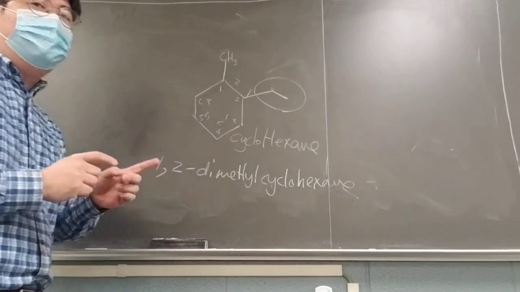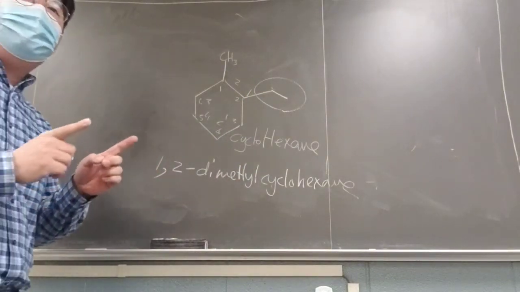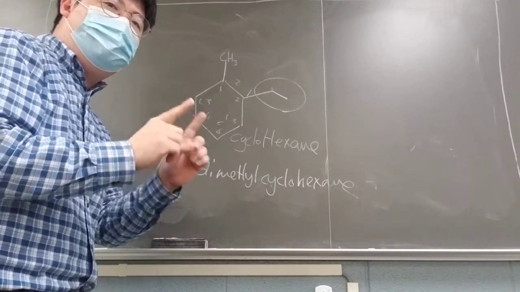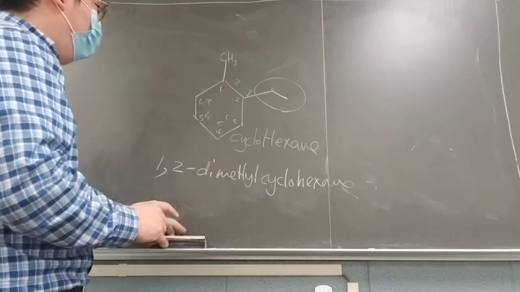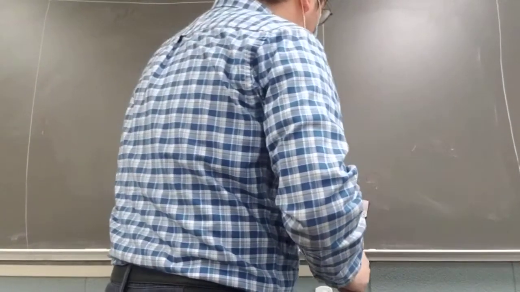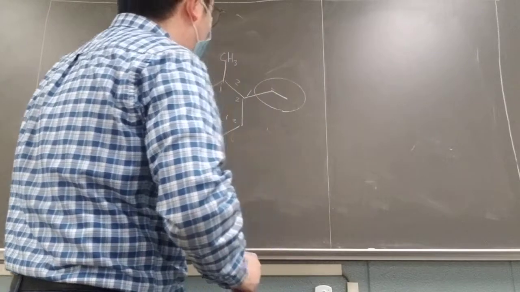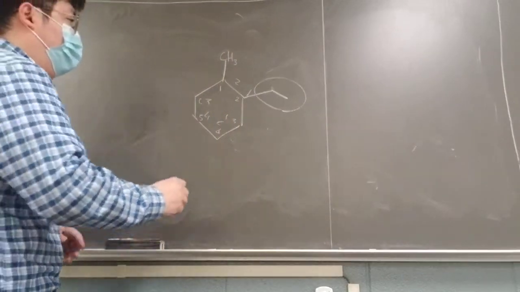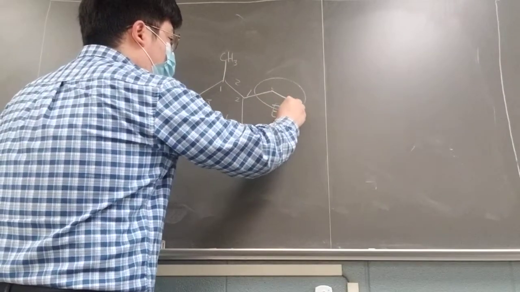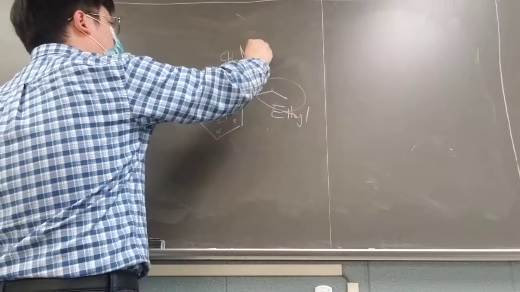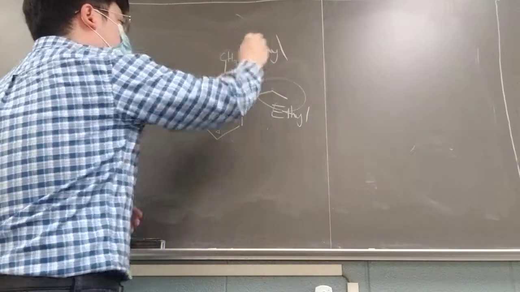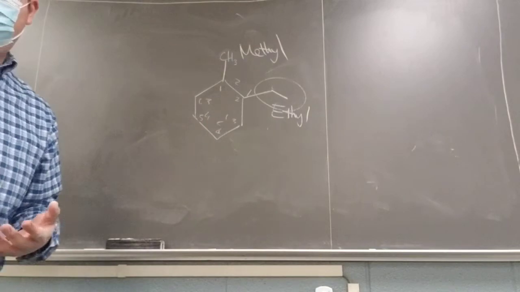You have 2 groups, but they are different now, so you have to put some priority between these 2. It's pretty much the same with the one we did for the alkane. This is ethyl, this is methyl, right? So we still follow the alphabetical order.